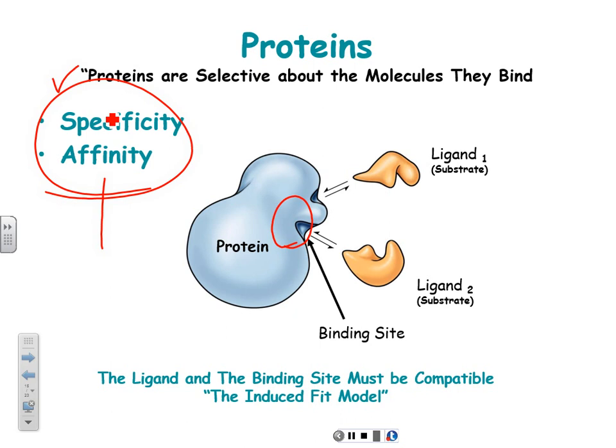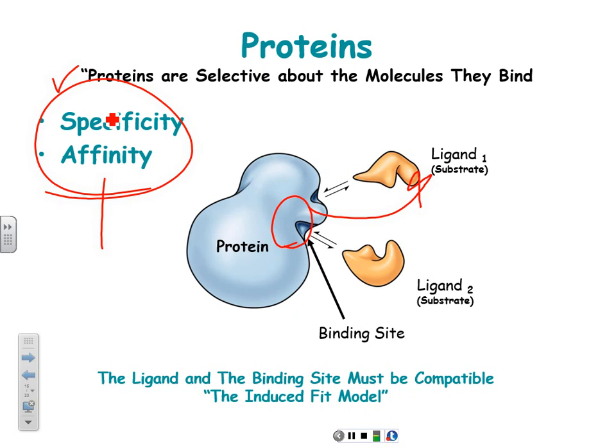This is something that the protein is going to bind with. Things that bind with proteins are known as ligands. Something that binds with a protein is known as a ligand. In order for a protein to bind with a ligand, right, the two must be compatible. The two must be compatible with each other.